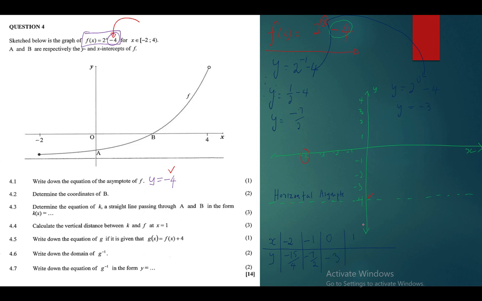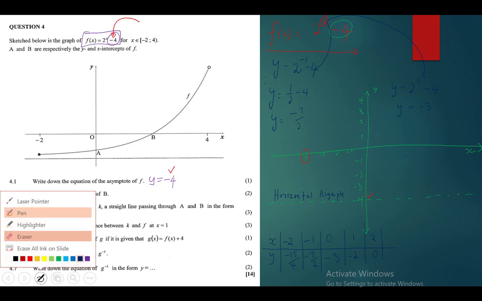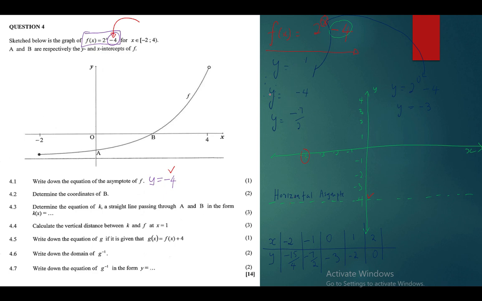When x is 1, you will continue with the same process. y is negative 2. When x is 2, y is 0. So now, because you have created this table of x and y, you can easily sketch your graph. It will be easy now to sketch your graph using the table method.